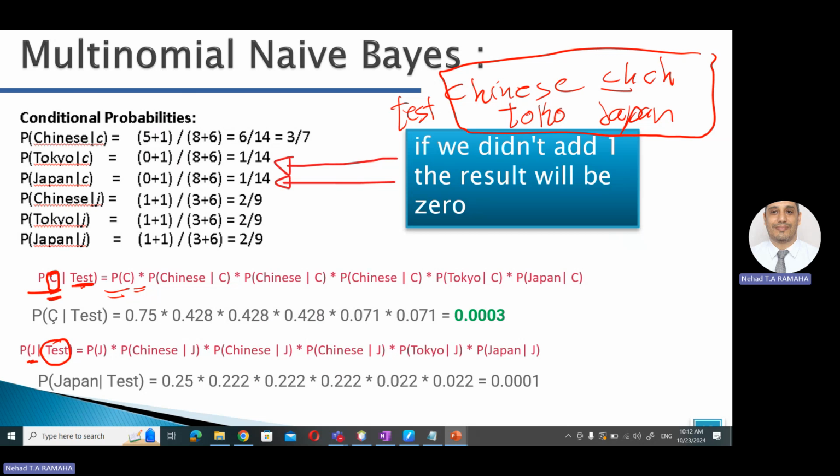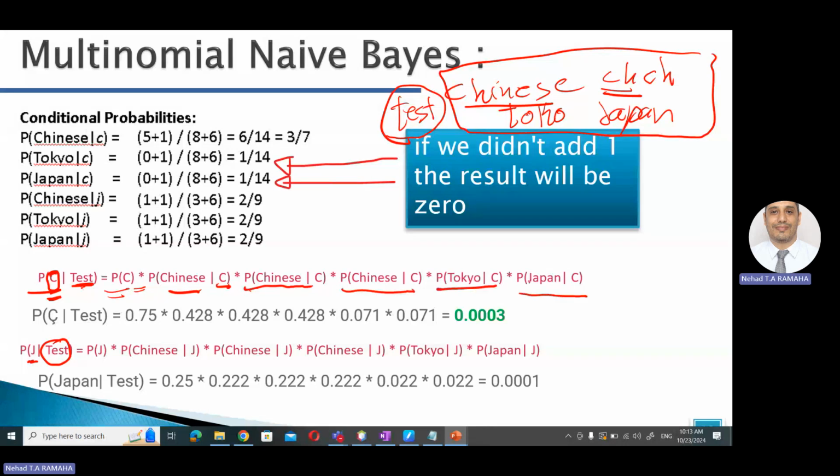So in the test data, we have Chinese, so probability of Chinese with category C. Another time Chinese, another time multiplied by probability of Chinese with category C. Third time probability of Chinese with category C, then probability of Tokyo category C, probability of Japan with category C. Then we will get number.